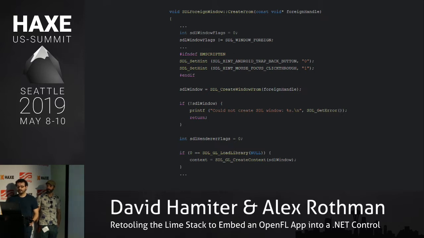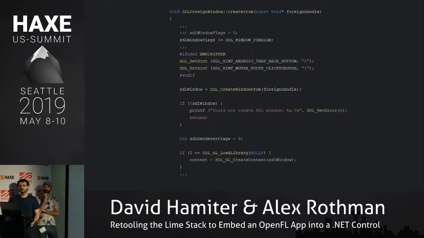And create from in SDL foreign window, at the beginning, does what you think it does. As you can see, it calls SDL create window from, which is the function that we touched on before. Then down at the bottom, it attempts to load the operating system OpenGL functionality. That's what SDL GL load library does.